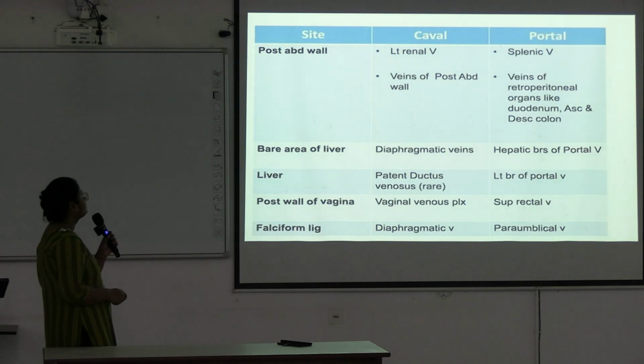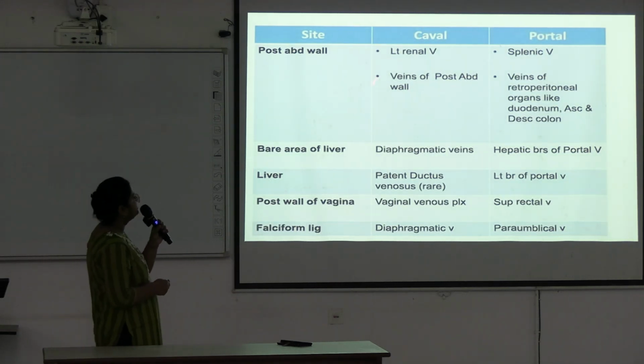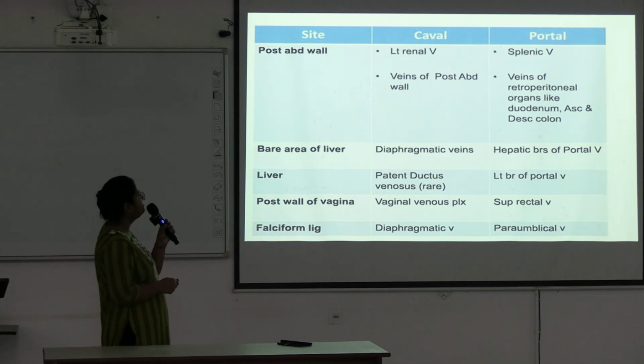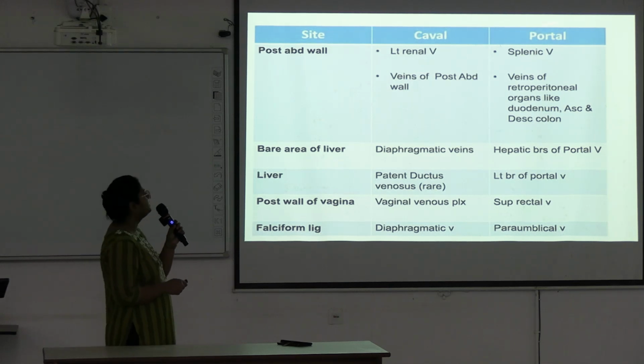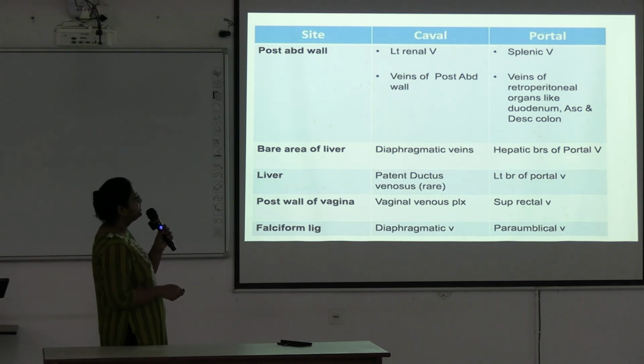Okay, next. In the posterior abdominal wall, caval system is left renal vein, veins of posterior abdominal wall. Portal system is splenic vein, veins of retroperitoneal organs like duodenum, ascending and descending colon. In the bare area of liver, caval system is diaphragmatic veins, portal system is hepatic branch of portal vein. In liver, there is patent ductus venosus, it is rare, and left branch of portal vein.